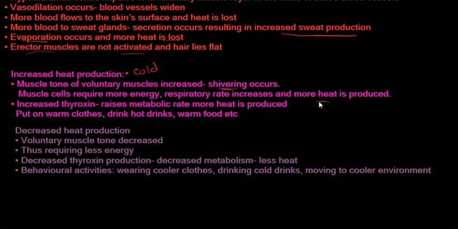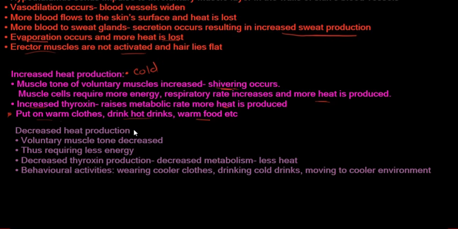That shivering action actually produces heat. There will also be an increase in thyroxine being released from the thyroid. This will raise your metabolic rate and more heat is also produced there. And then you can also have behavioral activities such as putting on warmer clothes, drinking hot drinks, or eating warmer food. That can also increase your body temperature.